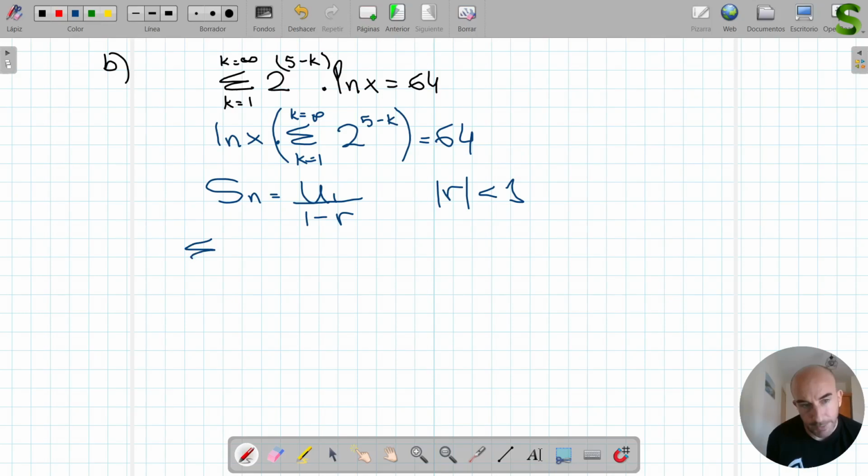So we have the sum from k equals 1 to infinity of 2 to the power of 5 times 2 to the power of minus k. And that can be written as the sum from k equals 1 to infinity of, 2 to the power of 5 is 32.